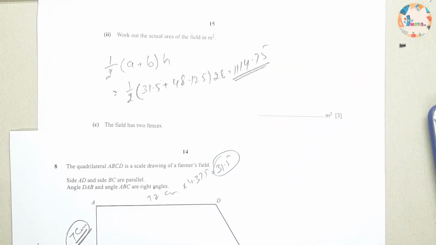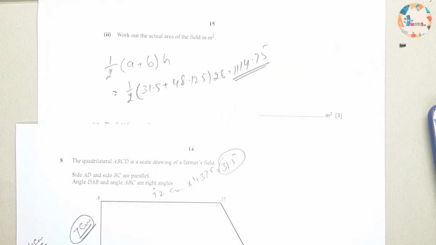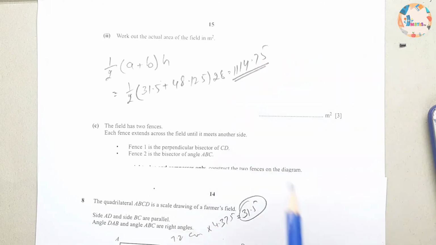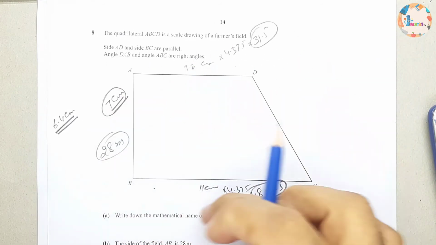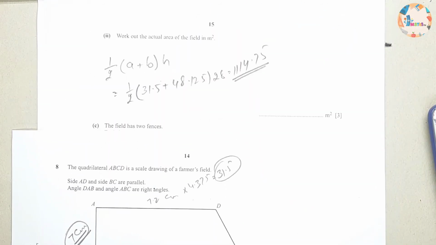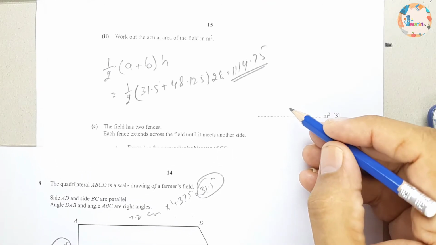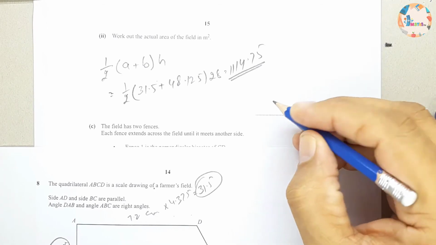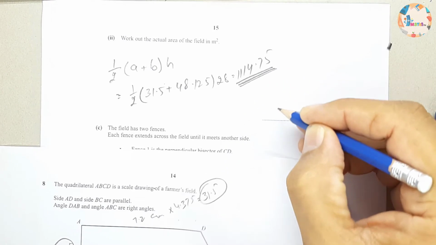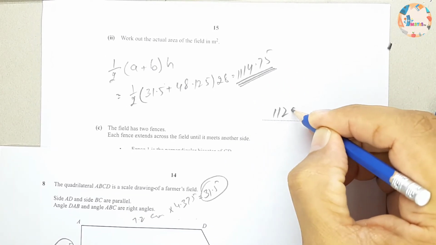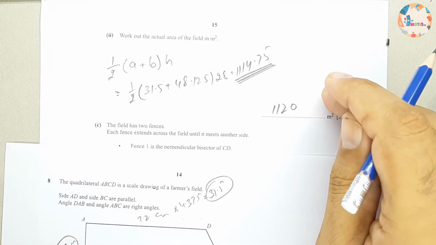As I told you at the start of the question, the published diagram is smaller in size. In the marking scheme, they have given the answer 1120, which is more than this.